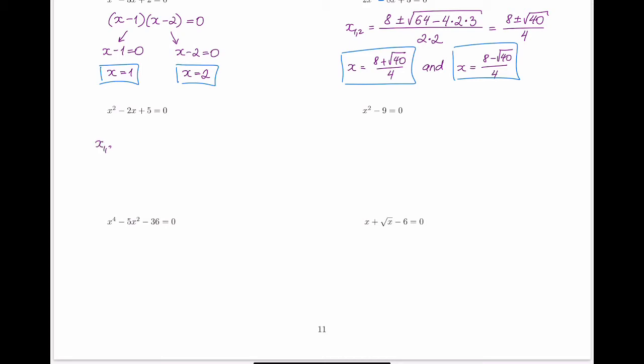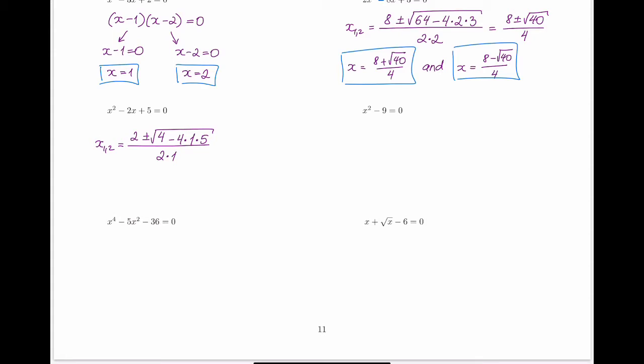And the quadratic formula in this case will give us -b, so -(-2) is 2, plus or minus the square root of b squared, -2 squared is 4, minus 4 times a, which is 1, times c, which is 5, all over 2 times a, which is 1.